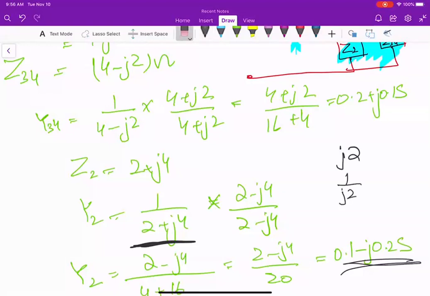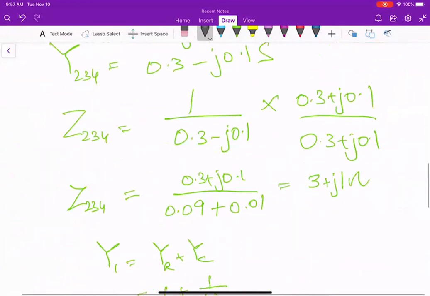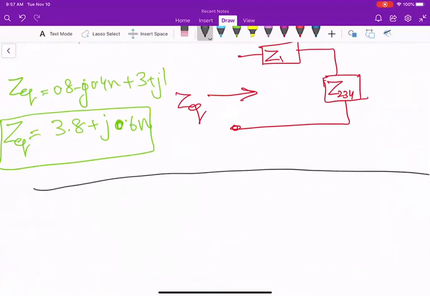But if you have something like this, you need to find the reciprocal following the proper procedure. So that's what you need to remember when you are trying to simplify the circuit. Other than that, I think it's not difficult to do.